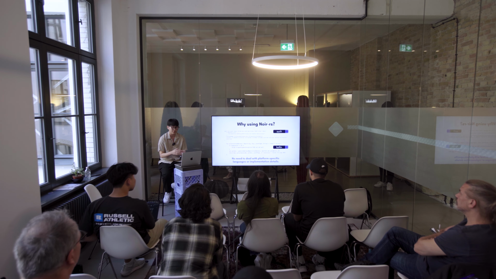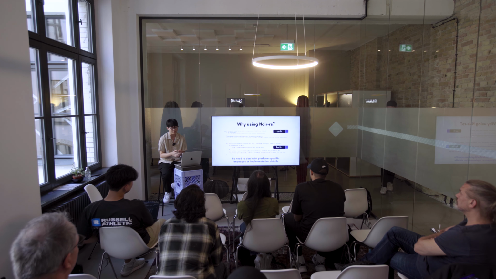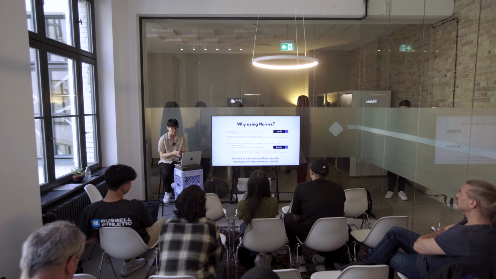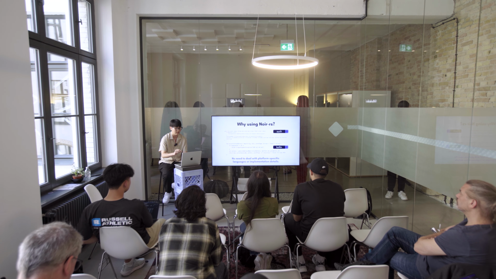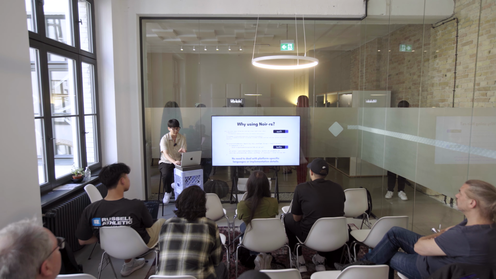With Noir.rs, you don't have to maintain these two platform-specific codebases. You just have Rust code, output the FFI with UniFFI, and use it in Swift and Kotlin.